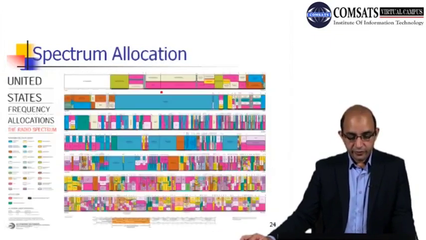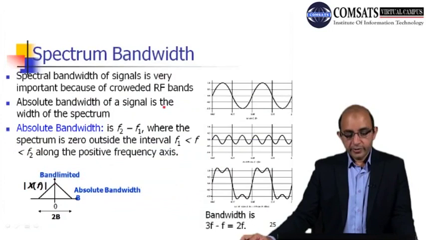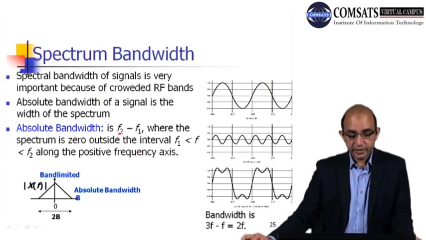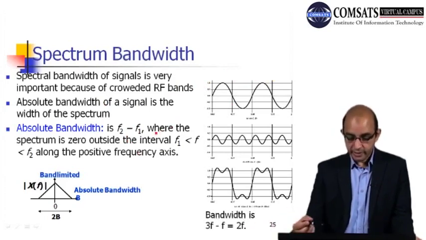You can see that we have a lot of overcrowding over here, so there are very thin lines between those different spectrums. The absolute bandwidth of a signal is the width of the spectrum, or you can say it's simply the bandwidth. So what is the absolute bandwidth? The difference between two frequencies.